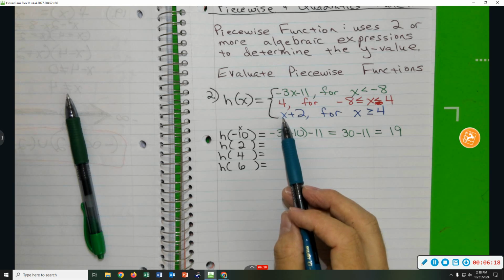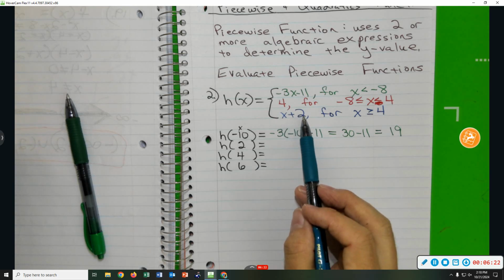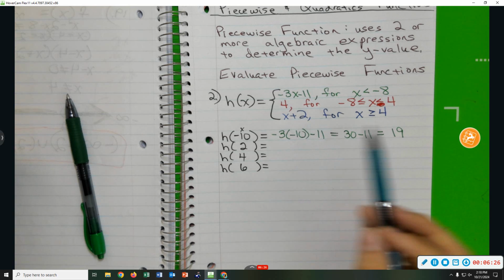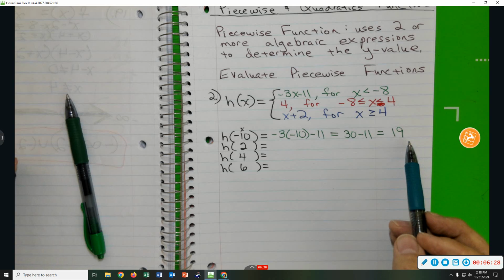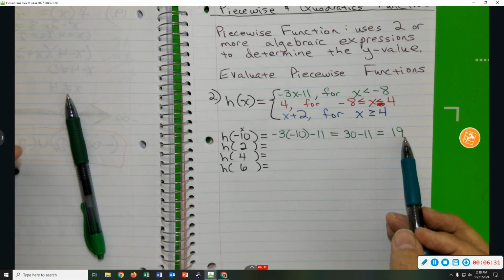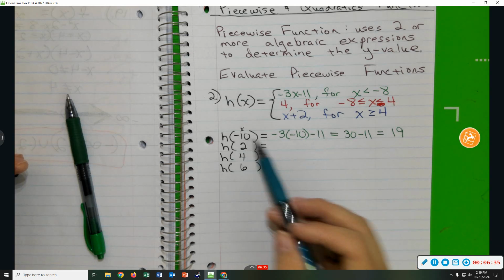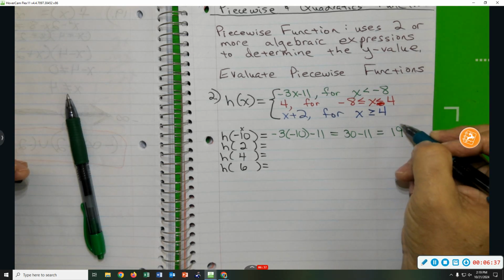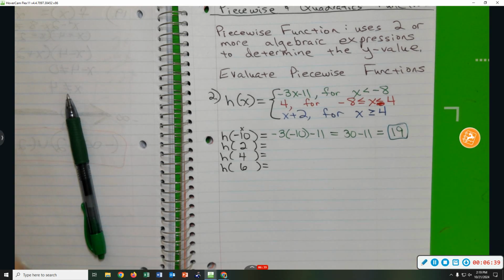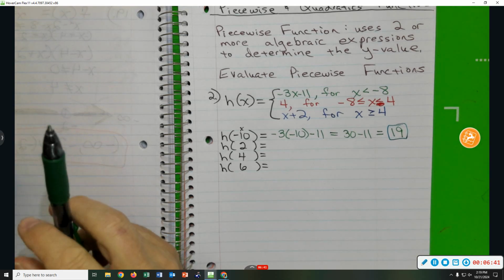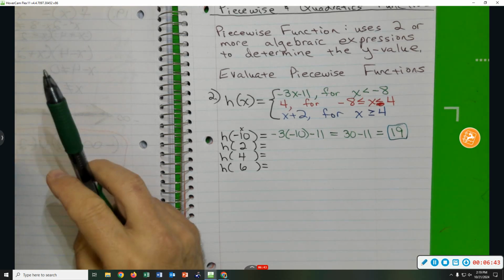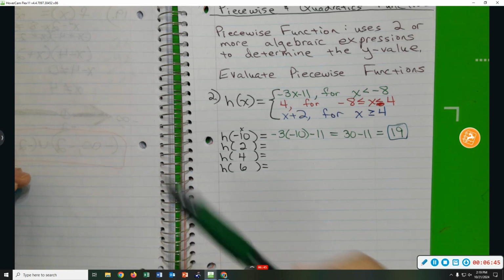If you plugged in negative 10 down here in this blue piece, negative 10 plus 2, that's a negative 8. Remember, for a function, you can only get one correct y value for each individual x value. The correct y value for negative 10 is positive 19. But you're just plugging in the x value basically, but you have to decide which piece you're using.